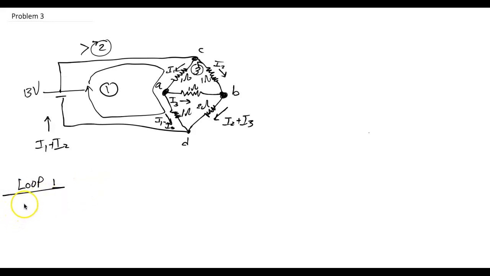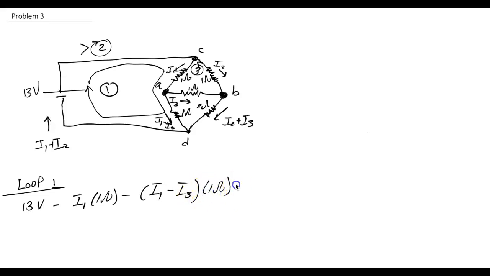and we apply Kirchhoff's law starting at the 13-volt source, we get 13 volts minus I1 times 1 ohm minus, this current here has to be I1 minus I3 because of the loop rules, the current rules, the junction rules for Kirchhoff.